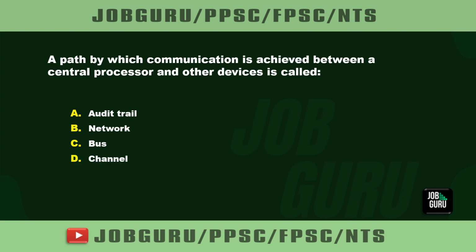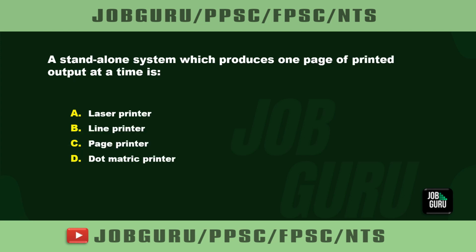A path by which communication is achieved between a central processor and other devices is called. A standalone system which produces one page of printed output at a time is.